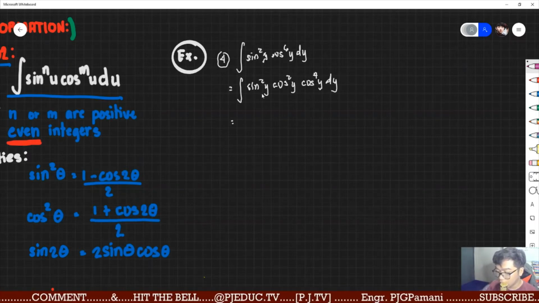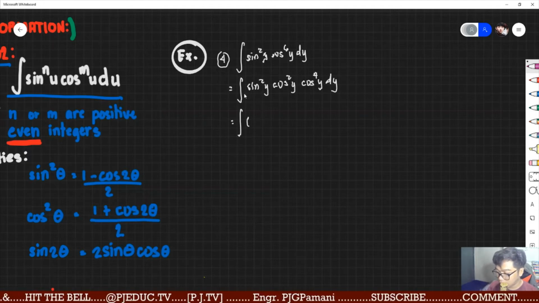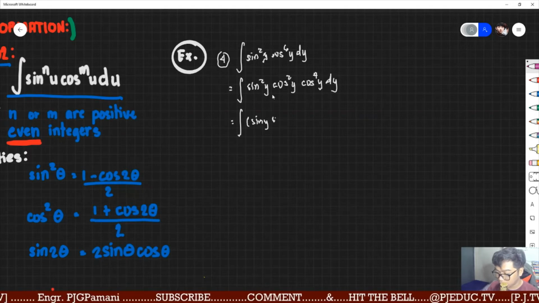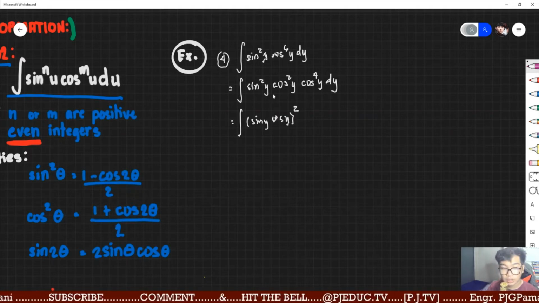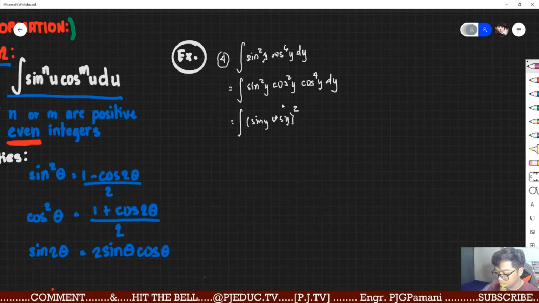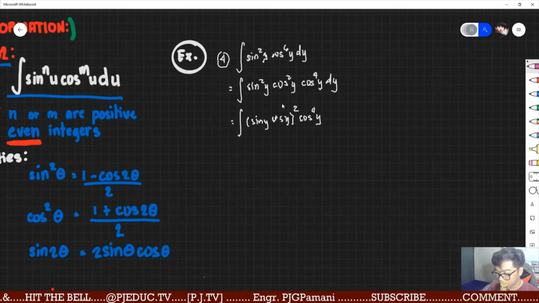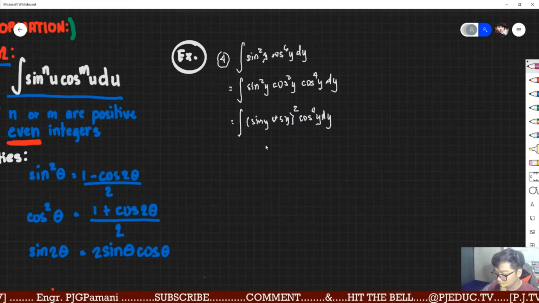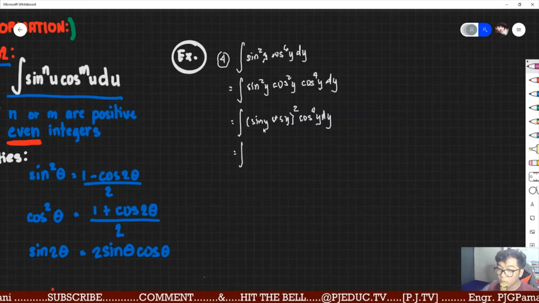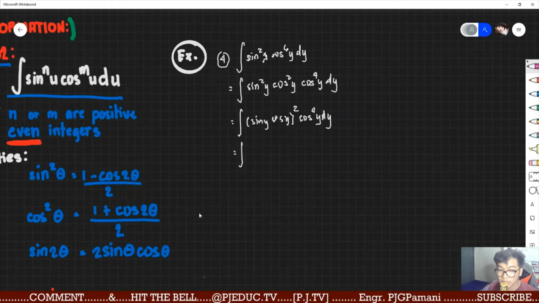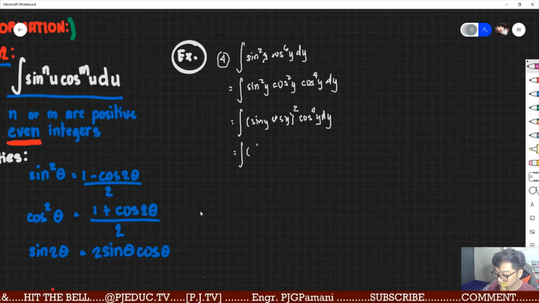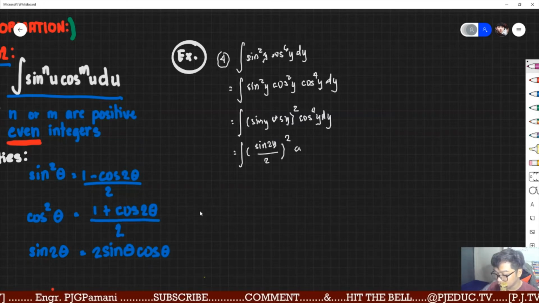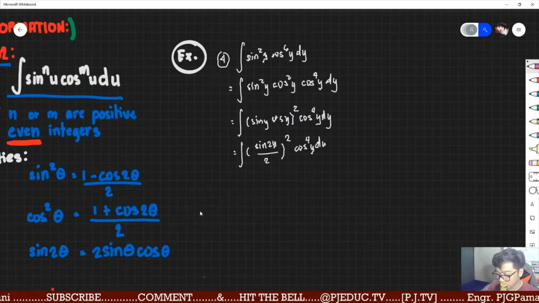Such that we know from our last example that sine squared y times cosine squared y can also be expressed as sine times cosine raised to 2 then times cosine 4y dy. Nakikita nyo na yung possible solution. Then we already know that sine y cosine y based on our identities kanina can also be expressed as sine 2y over 2 then raised to 2 cosine 4y dy, right?